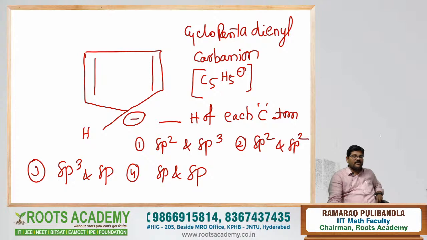Please think. I will give you 30 seconds. In cyclopentadienyl carbanion, the C5H5 minus ion, the hybridization of each carbon atom is how much? Sp2 and sp3. Next option, sp2 and sp2. Next option, sp3 and sp.